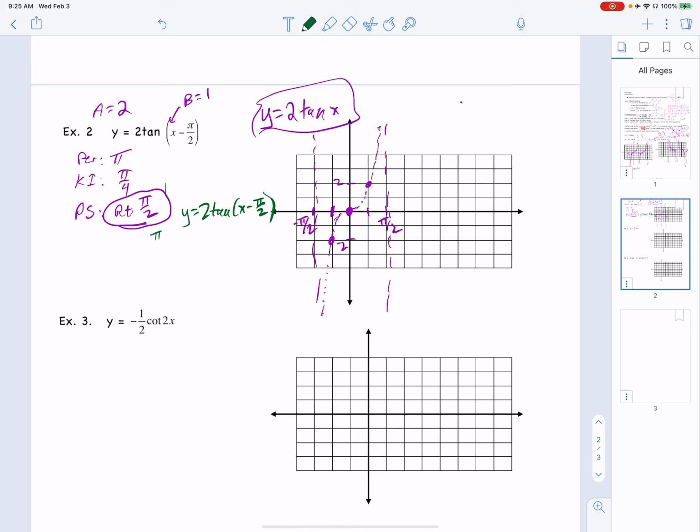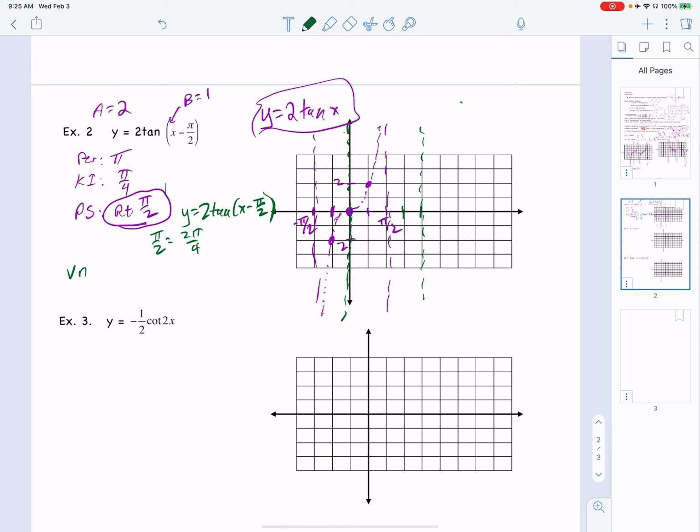And pi halves is equal to 2 pi over 4, right? Multiply by 2 over 2. And so I have to move 2 key increments to the right. So the asymptote is actually going to move and be on the y-axis, and the pi halves is going to move 2 key increments to the right and be at pi.